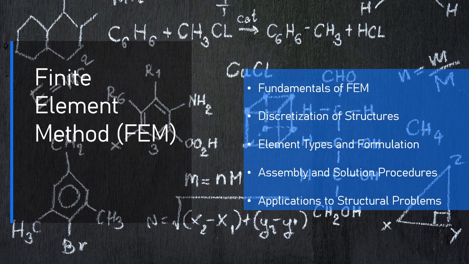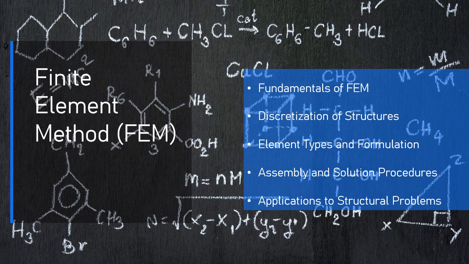Examples: plane stress elements, used for thin structures subjected to in-plane loading. Plane strain elements, used when the strain in one direction is zero, such as for long structures, e.g., tunnels or dams. Shell elements represent thin-walled structures, capable of modeling bending and membrane action in both directions.